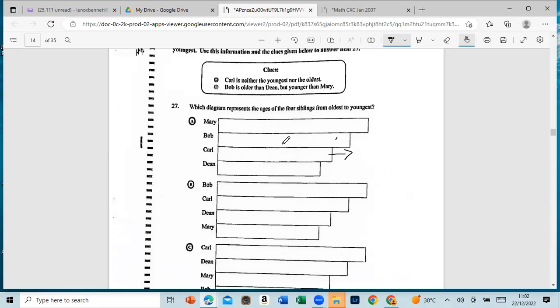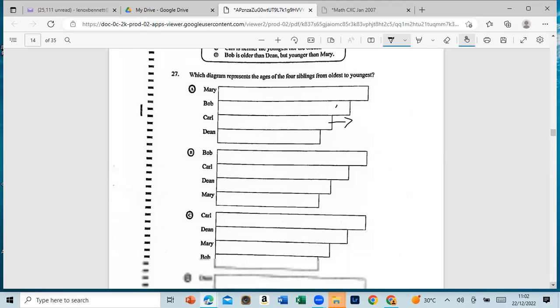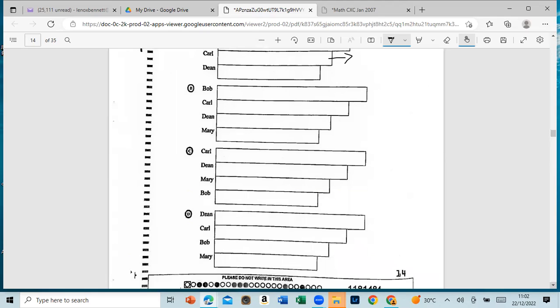So I put Dean, then I put Bob. Then it says but younger than Mary, so I put Mary at the top. So then I looked and I saw that you could use these as your answer. Yeah. Okay, very good. It is A, very good.